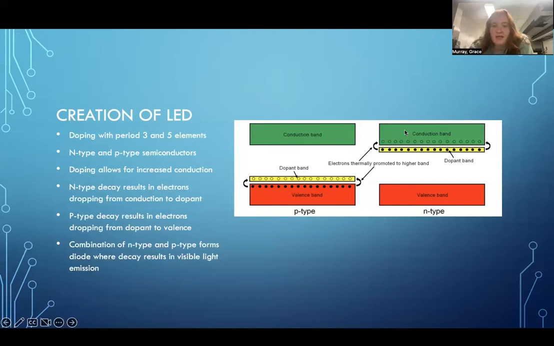So, in order to combat that, P-type and N-type semiconductors are combined together, where the decay from the conduction band to the valence band results in a larger wavelength that is visible in the visible light spectrum. This decay that results in visible light is only able to happen if the current is flowing from the N-type to the P-type, as will be seen on the next slide.